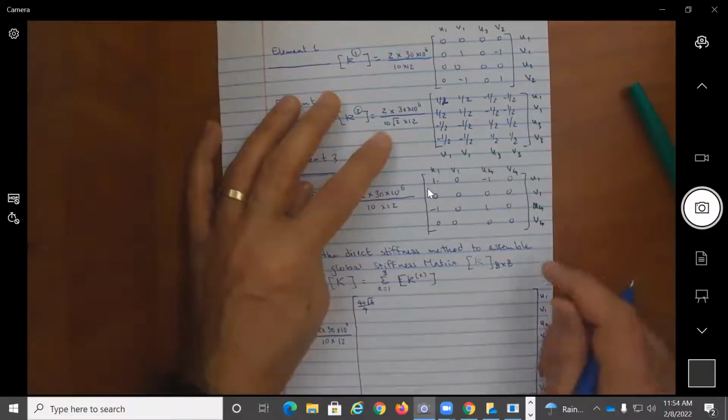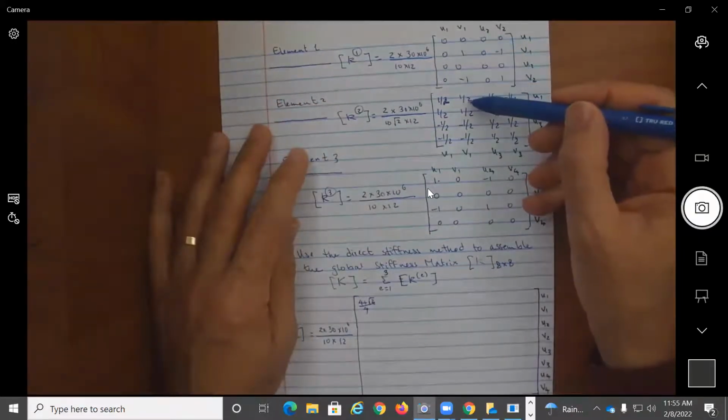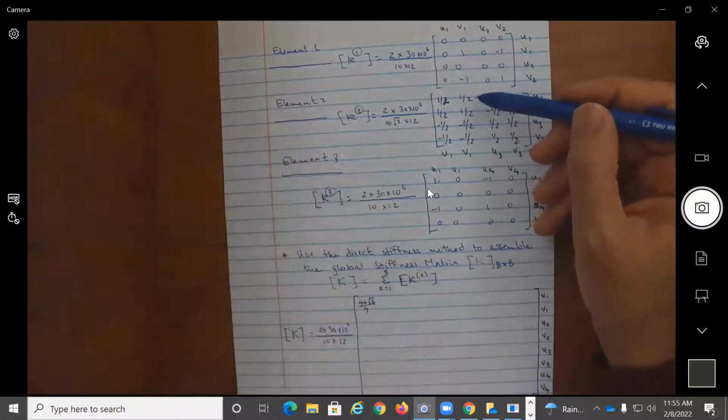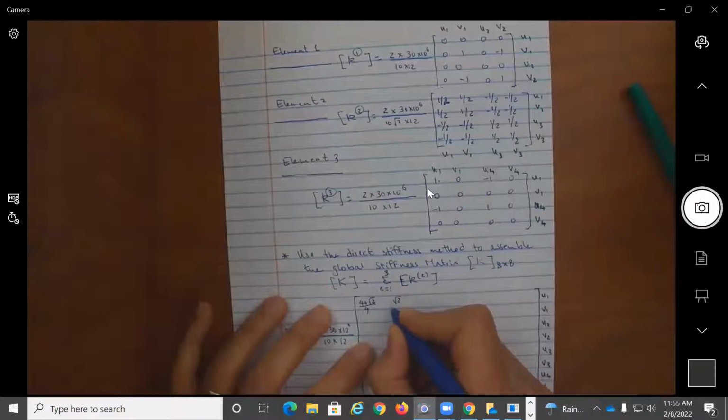And then for the second, I'm looking at U1, V1. So I'm looking at a 0, again, 1/2 divided by the square root of 2 and a 0. So I'm going to write that as square root of 2 divided by 4.